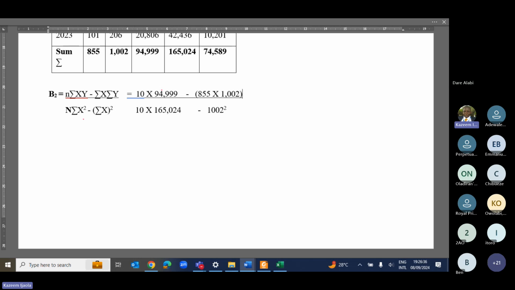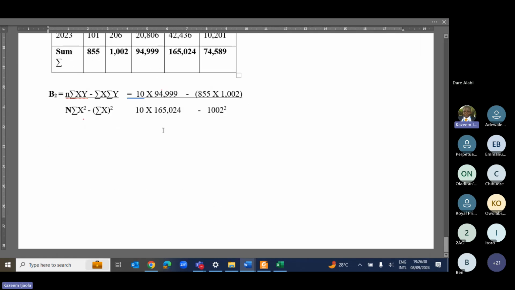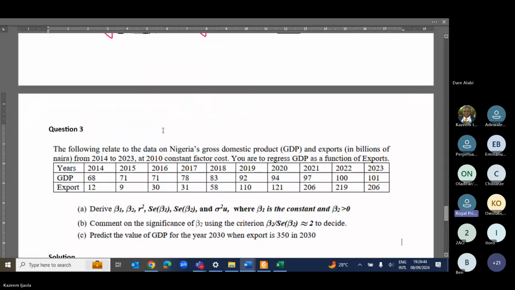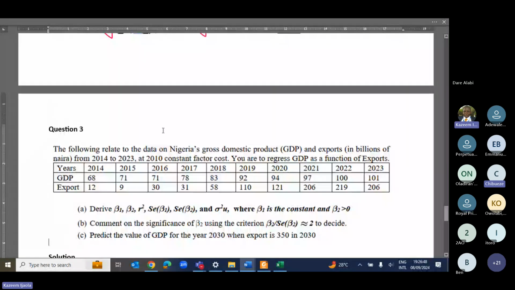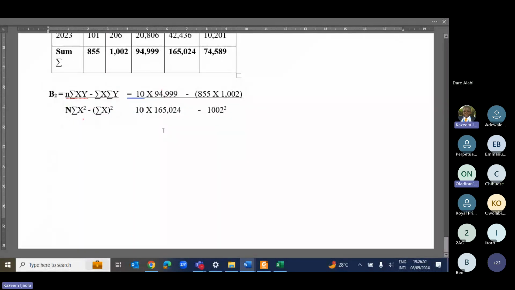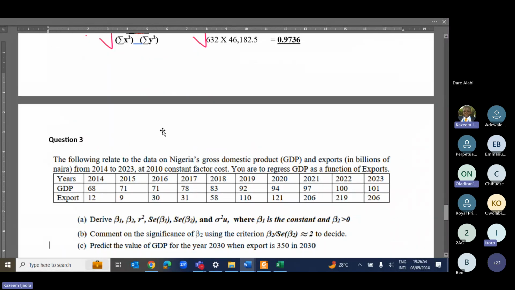Ultimately, your beta 2 should equal to... I've deleted my answer. Ima, do you still have the answer? I've deleted it too. Lesson of life. I don't mock people.